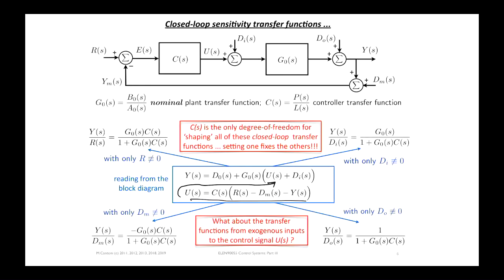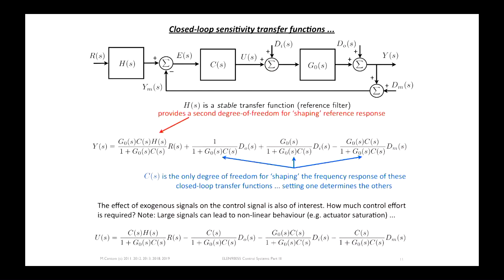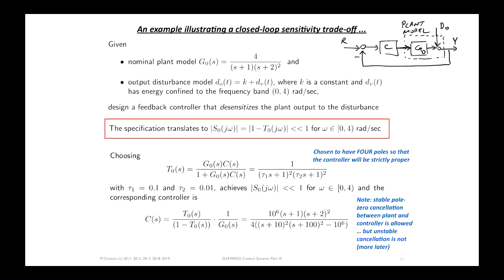So in this case, in addition to the nominal plant transfer function, we are saying that there is an output disturbance. And we're saying that the output disturbance has these properties. So it looks like a constant K plus another signal, and both of these signals are not known completely.